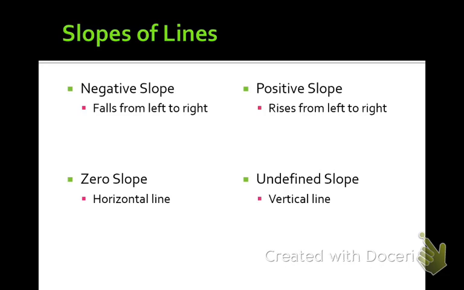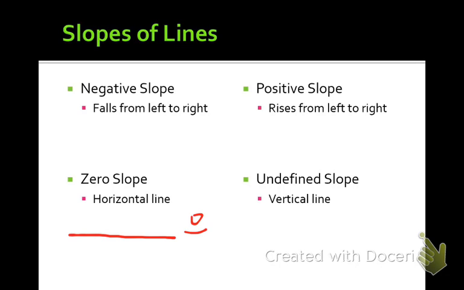Zero slope. An undefined slope. And there are reasons for that, right? In a horizontal line, if you were to write the change in y over the change in x, there is no change in y, so that change would be 0.